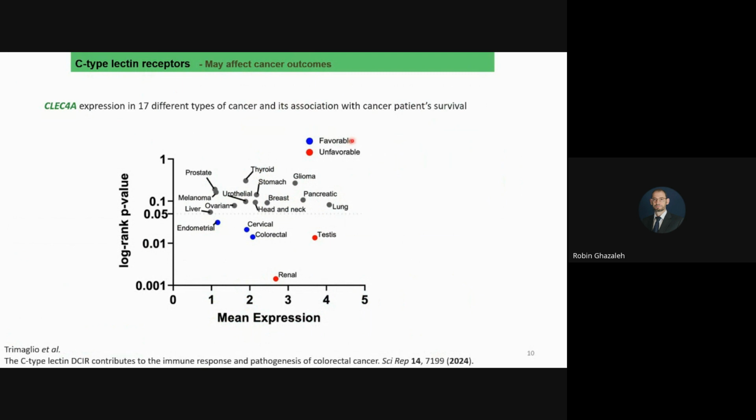In other words, how long the patient survived. So the authors took some cutoff and divided tumors into favorable and unfavorable. And they also took the p-value, which is a statistical likelihood of the result occurring by chance.